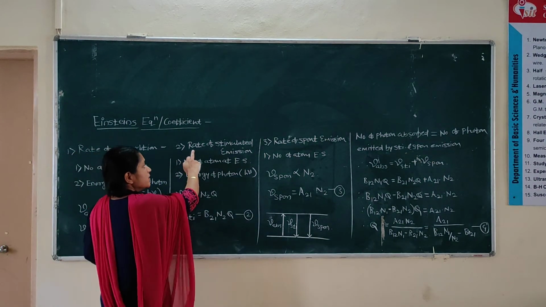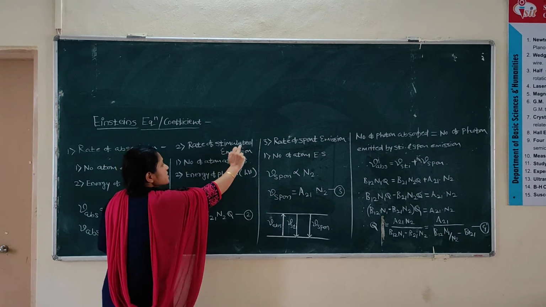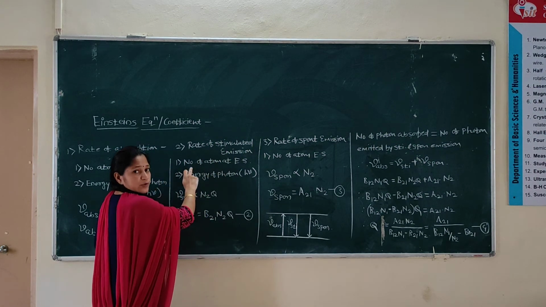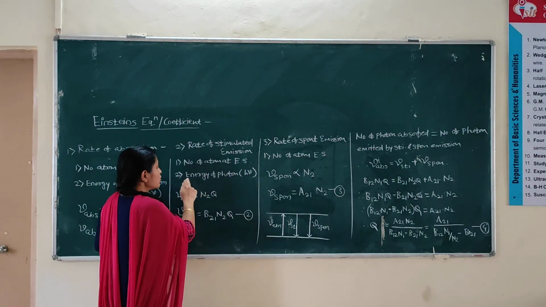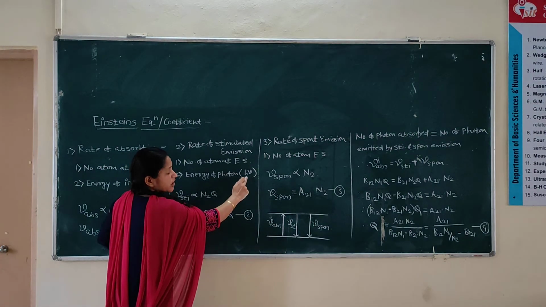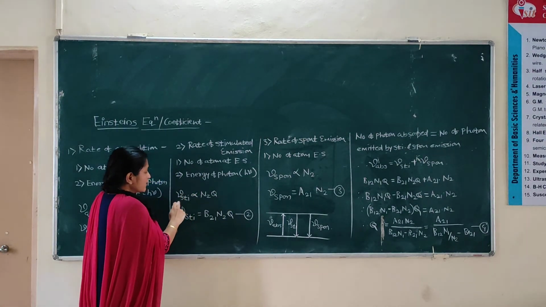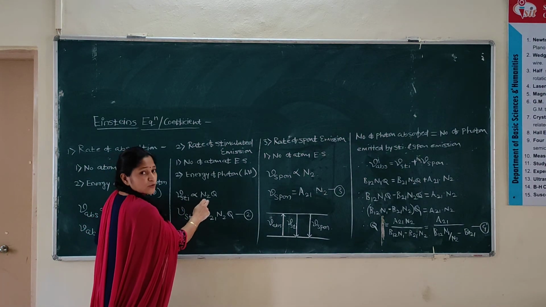Now the second factor, the rate of stimulated emission. It depends upon the number of atoms present in the excited state, and one more thing, it depends on the energy of the photon, that is h nu. Therefore we can write the equation: gamma stimulation is proportional to N2 into Q.